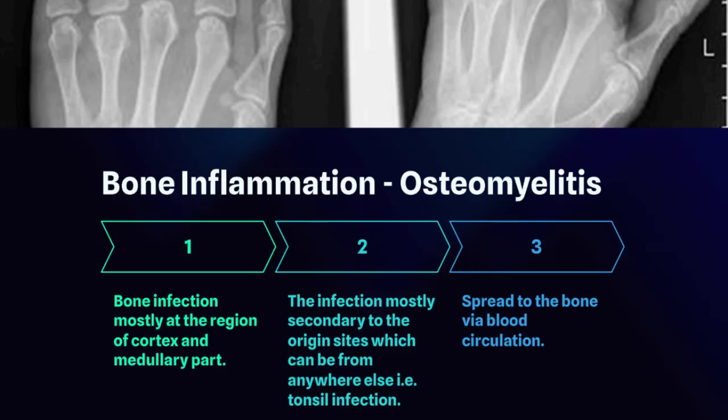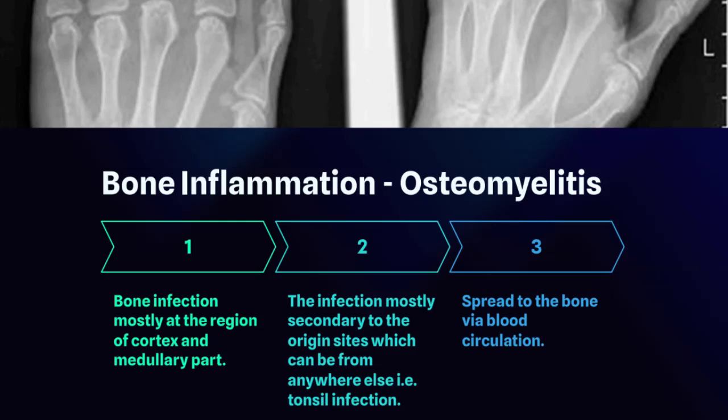This condition typically arises as a result of an infectious process, often originating from distant sites of infection such as the tonsils or skin. Through the bloodstream, pathogens can travel to the bone, leading to the development of osteomyelitis. In simpler terms, imagine your body as a vast network of interconnected roads and bacteria as unwelcome travelers seeking entry.